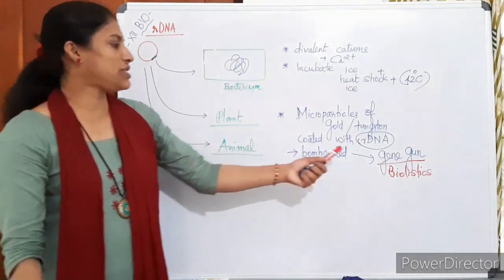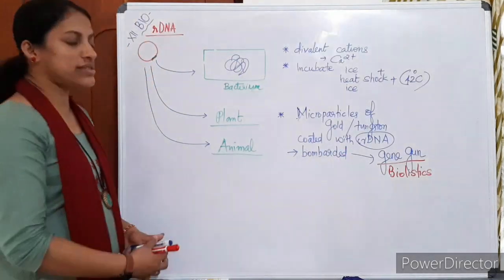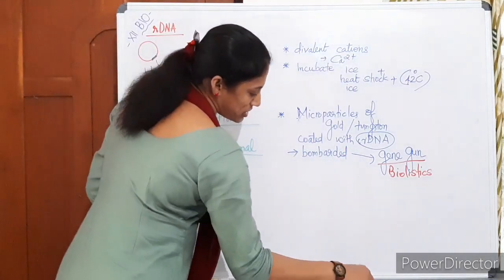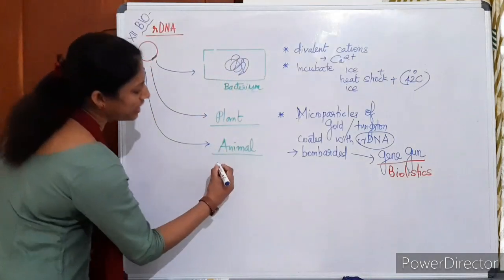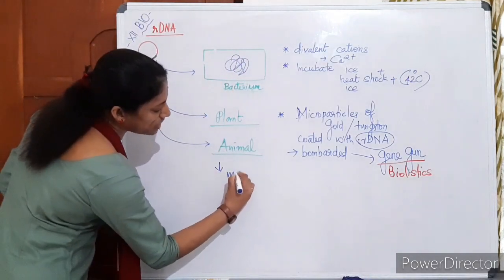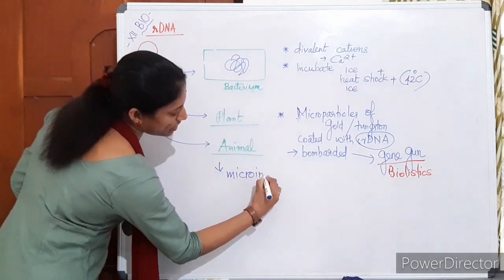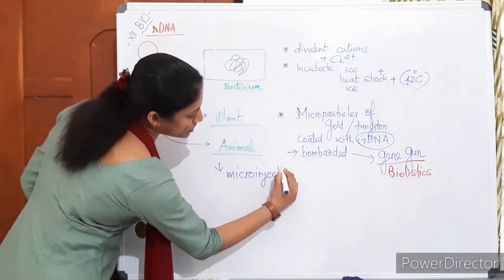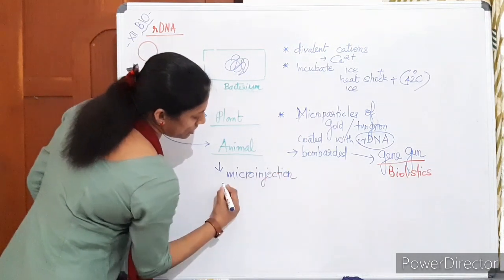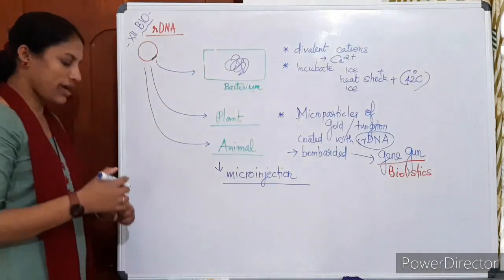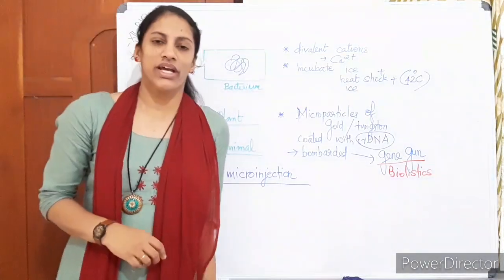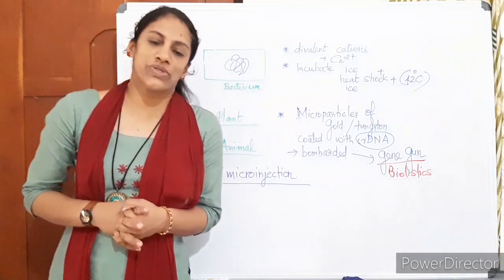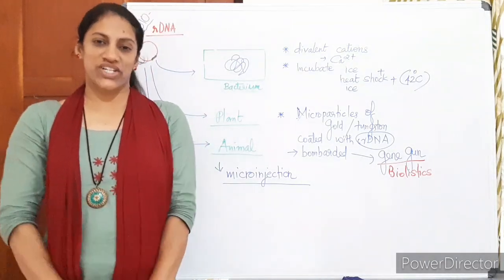That method is biolistics. So in plants, the method used is biolistics, whereas in animals, the method used is micro-injection with the help of a micropipette or needle. This is directly injected into animal cells.